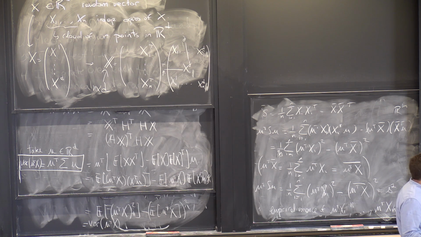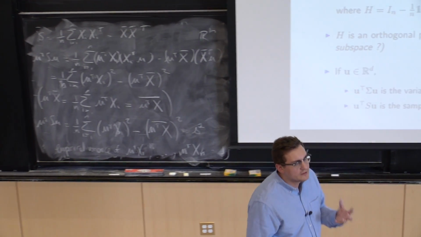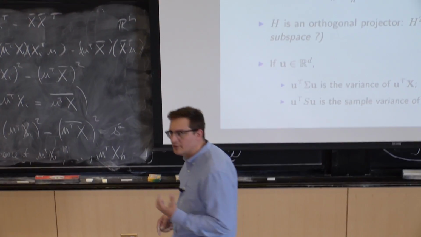So why variance? Why is variance interesting for us, right? Why I started by saying here we're going to be interested in dimension reduction. Think of your points as being in dimension larger than 4, and we're going to try to reduce the dimension. So let's just think for 1 second, what do we want from a dimension reduction procedure?